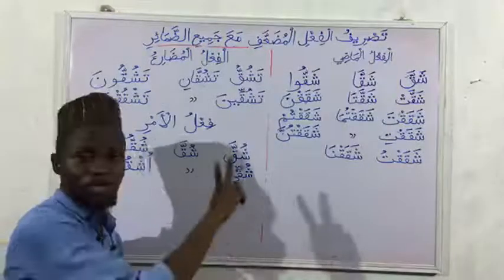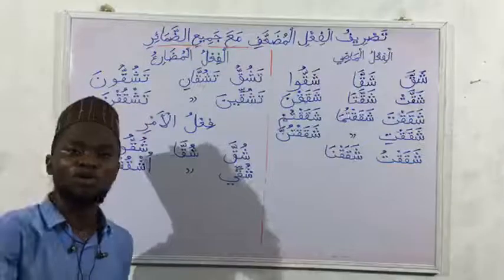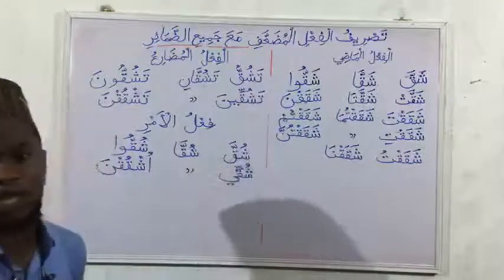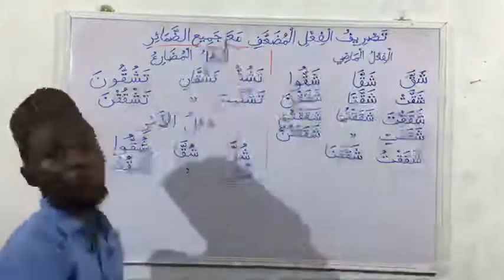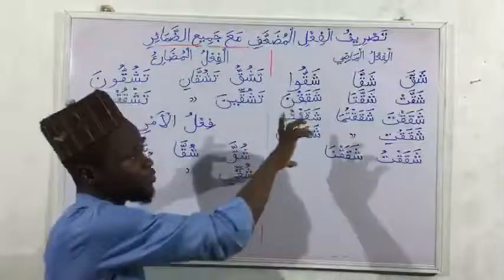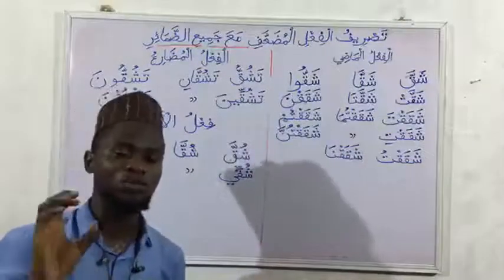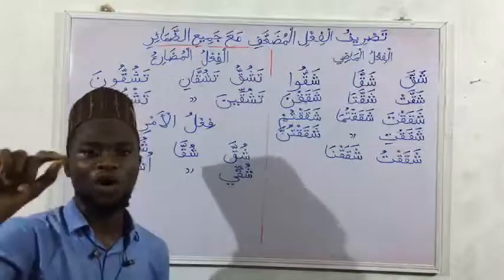So two major changes. The change with the damir attacking those that take sukun, like alif al-ithnayn, waw al-jama'a, and ya al-mukhatabah. When they are added to this verb al-mudari, we will not observe a significant change except the vowel of the last letter.